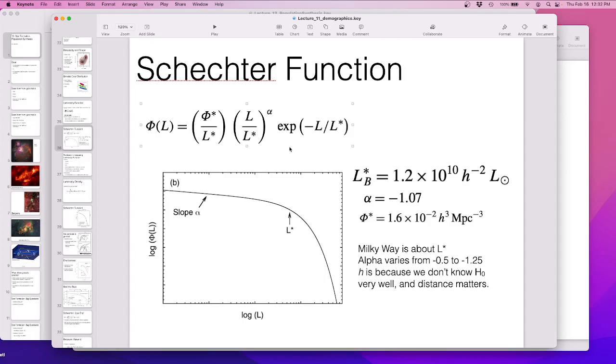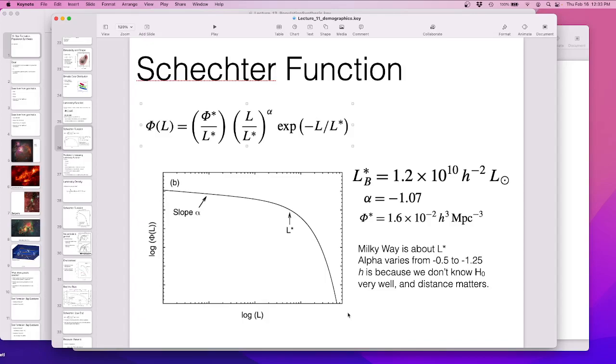So L star, you can think it's where the Schechter function turns over, or you can think it's a Milky Way kind of galaxy. Both are basically equivalent. So we have this function that is basically flat. That means the number of galaxies in a given volume is basically constant with luminosity until about L star, and then it falls off exponentially.